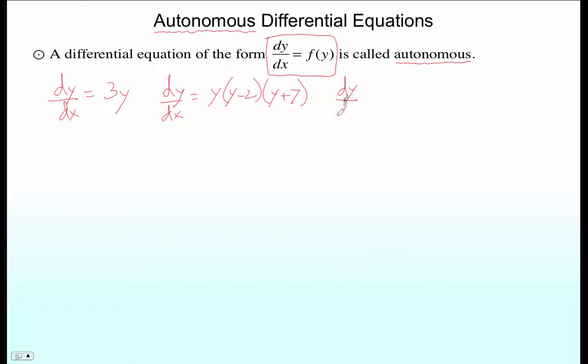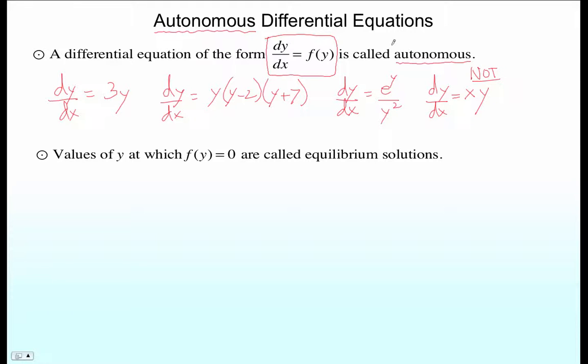So is dy/dx equals e to the power y divided by y squared. But here is an example where you do not have an autonomous equation because there is x present over here. This is explicitly not autonomous.